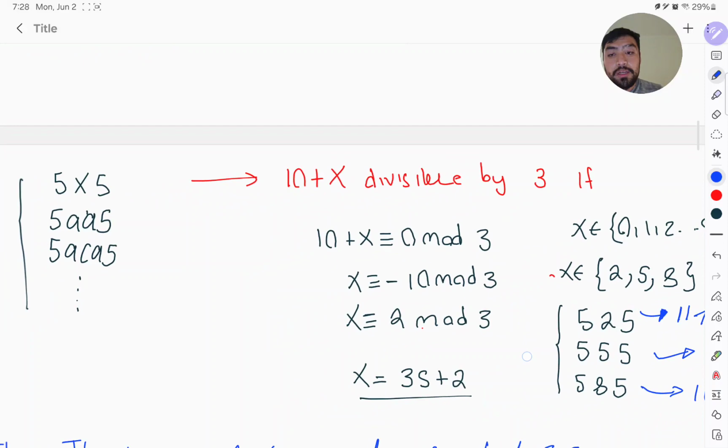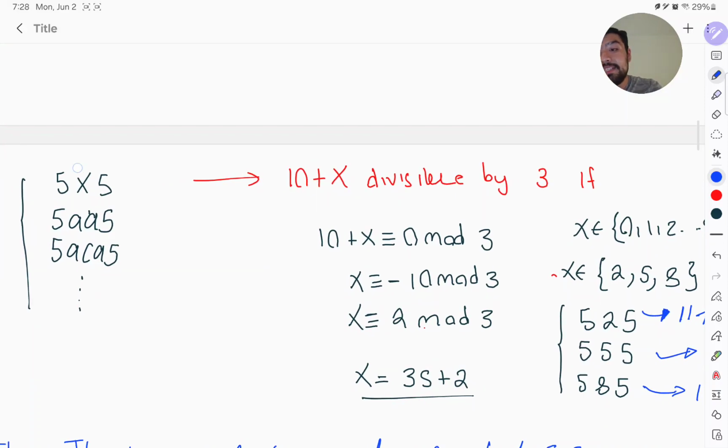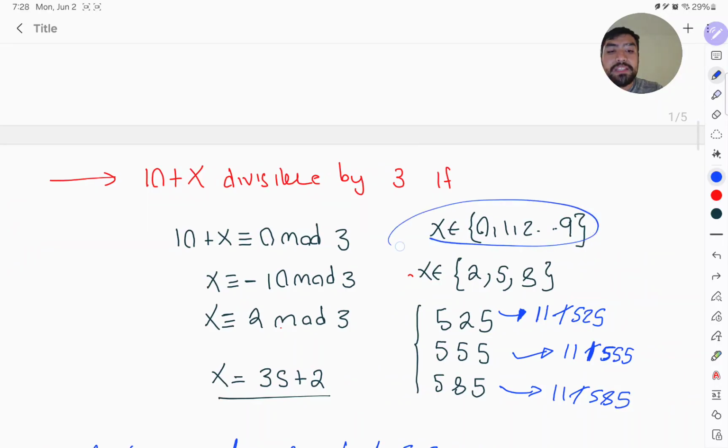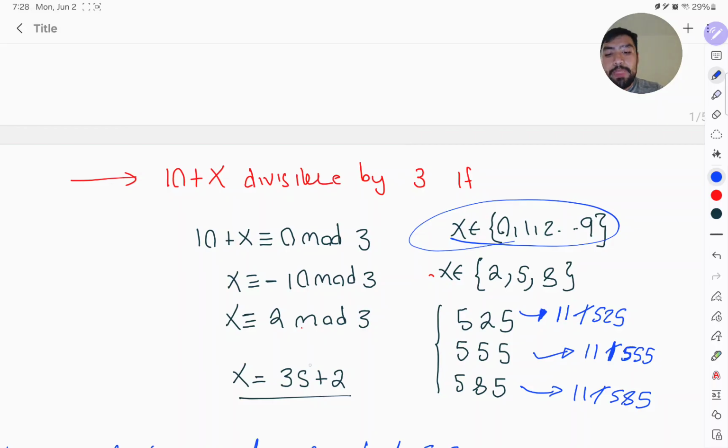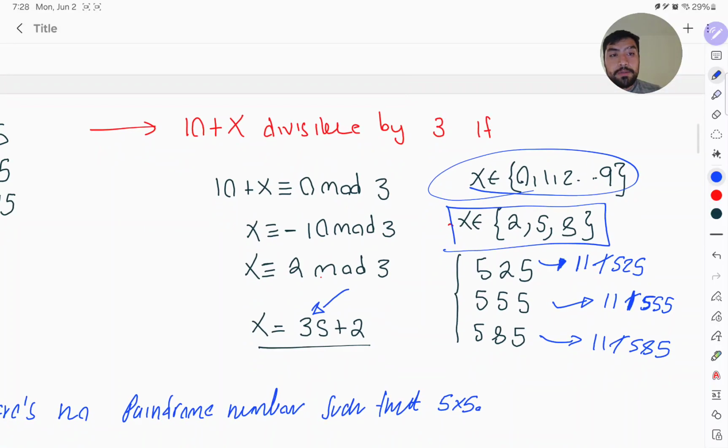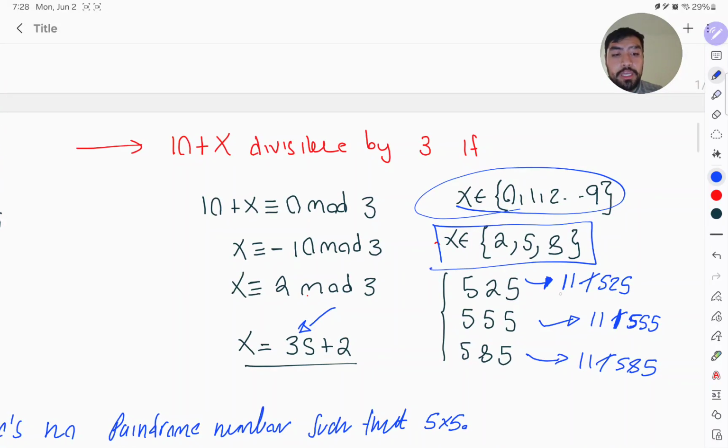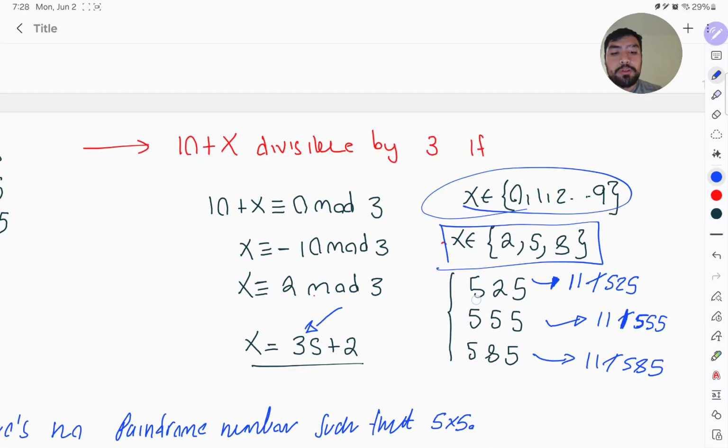And also we already know that this x is a digit, so x is bounded by 0, 1, 2, up to 9. With these 2 conditions, we conclude that x could be 2, 5, and 8, and hence we know that there are 3 possible numbers that meet this condition.